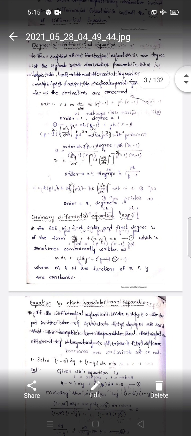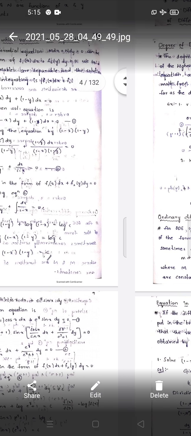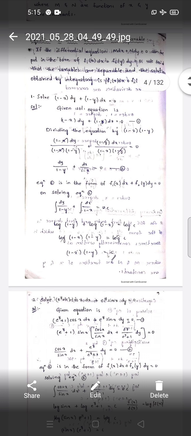For example, let us solve one problem. (1 minus x) dy plus (1 minus y) dx is equal to 0.